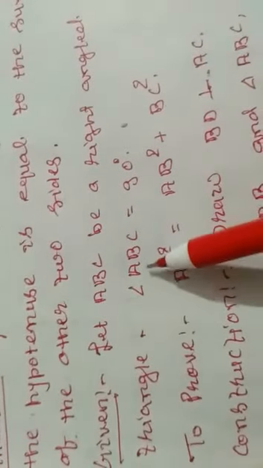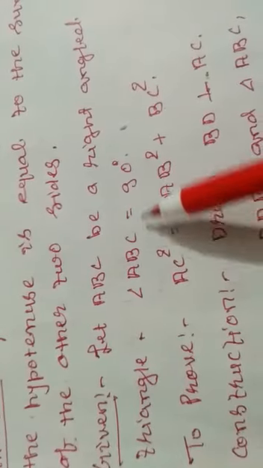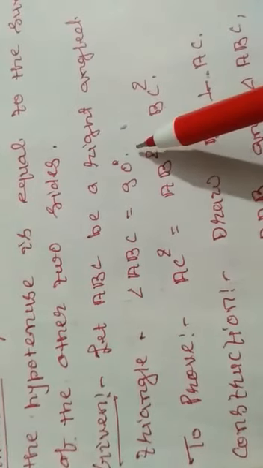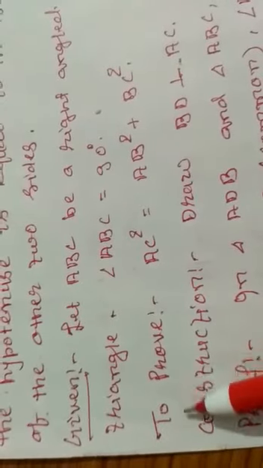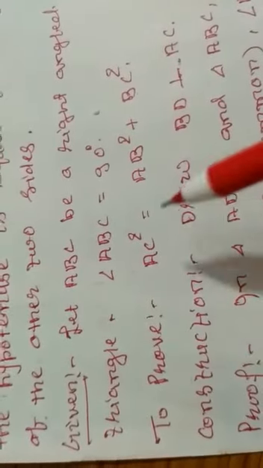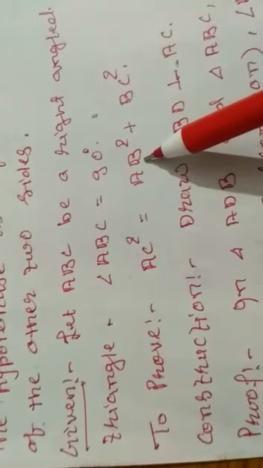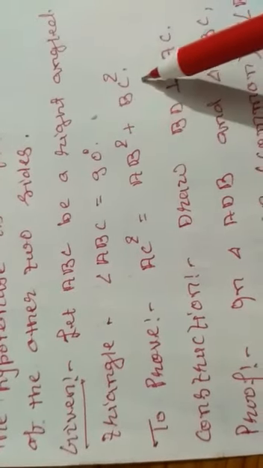Suppose that angle is angle B, so angle ABC is equal to 90 degrees. Now what do we need to prove? After the given we write to prove: AC square equals AB square plus BC square.